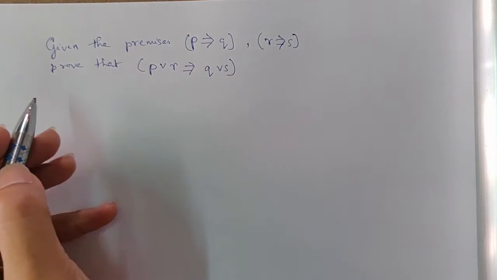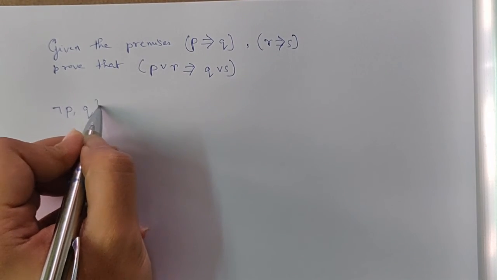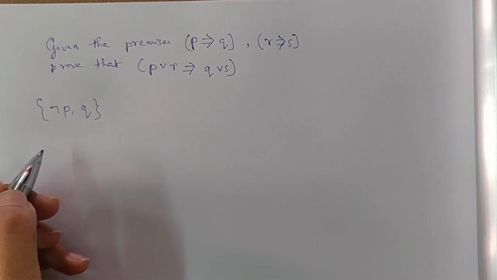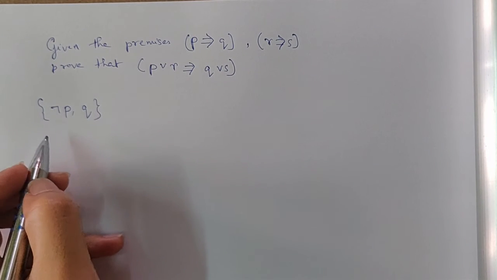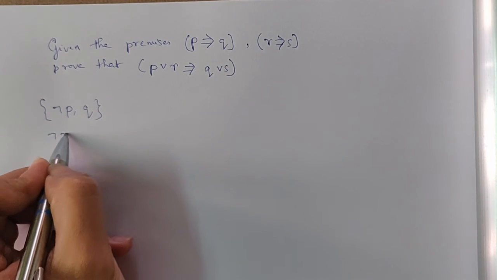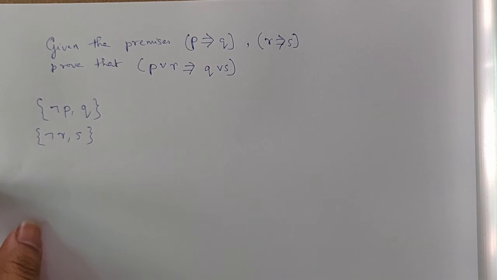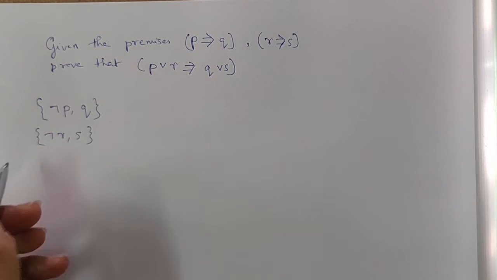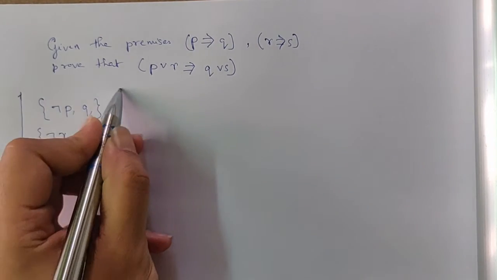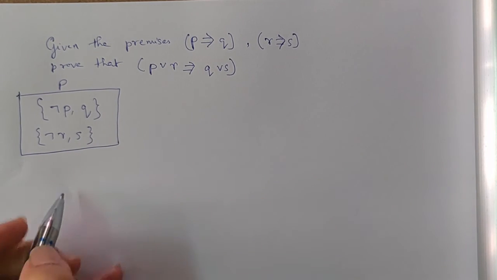So P implies Q becomes not P comma Q. R implies S becomes not R, S. Now these are my premises, which are true.